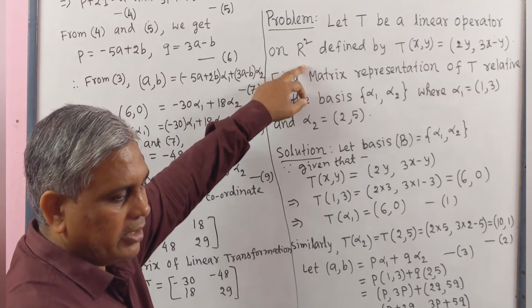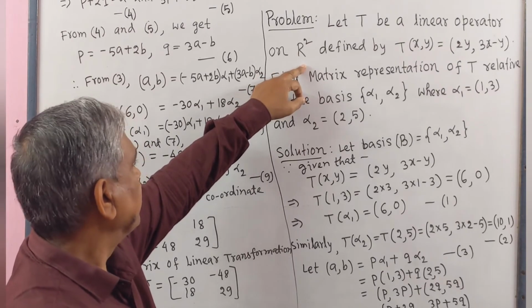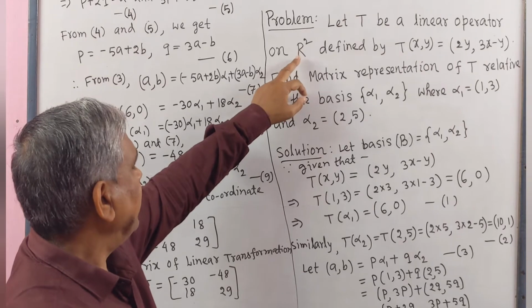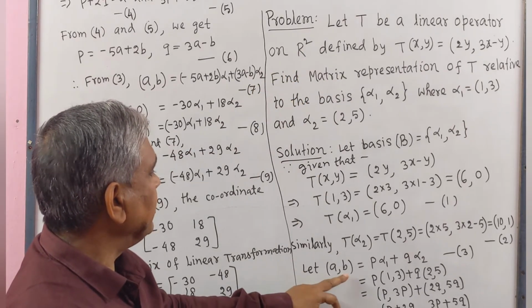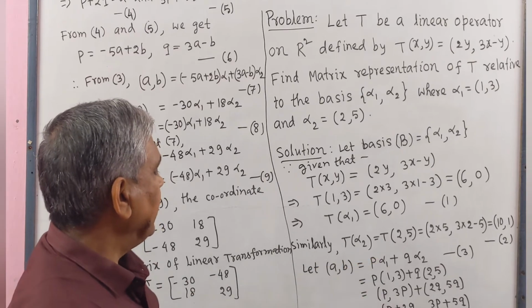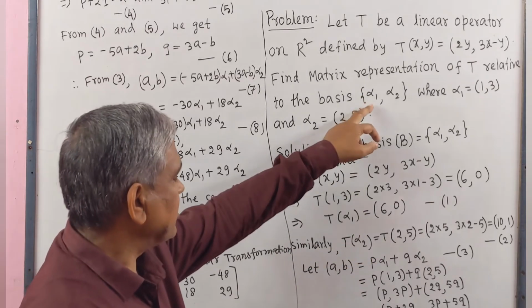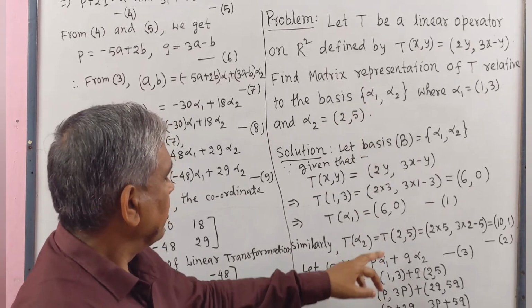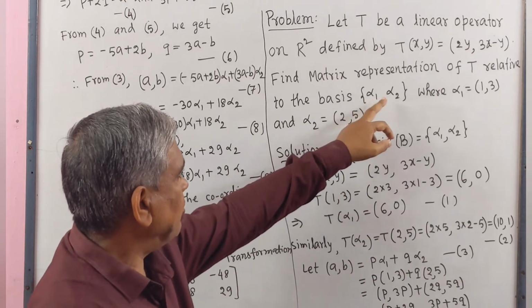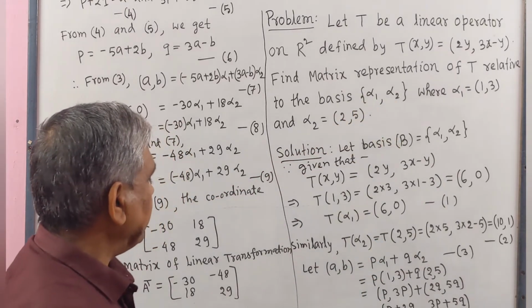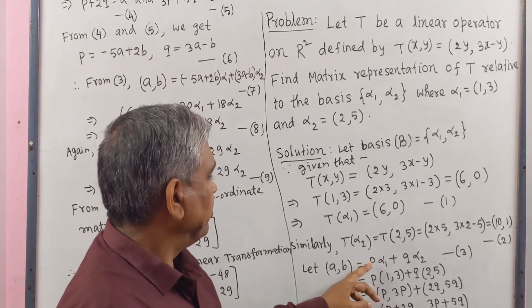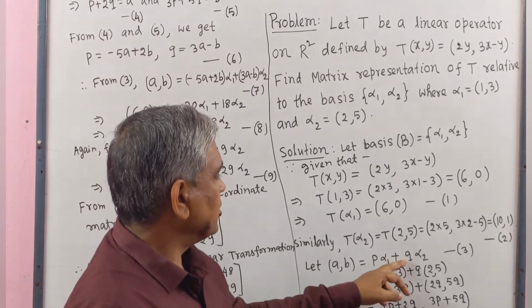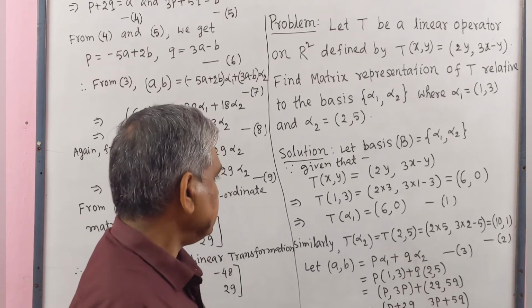R square is the vector space, and any element of this vector space is represented as a linear combination of elements of the basis. Here elements of the basis are alpha 1 and alpha 2. Therefore ordered pair (A, B) equal to P alpha 1 plus Q alpha 2.